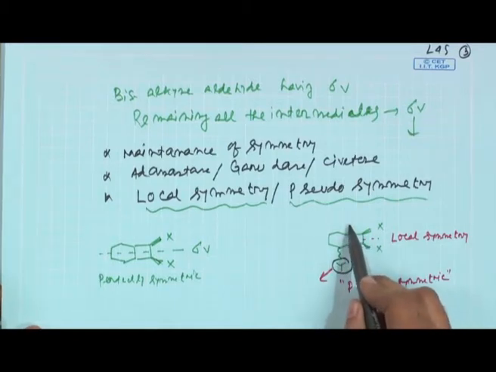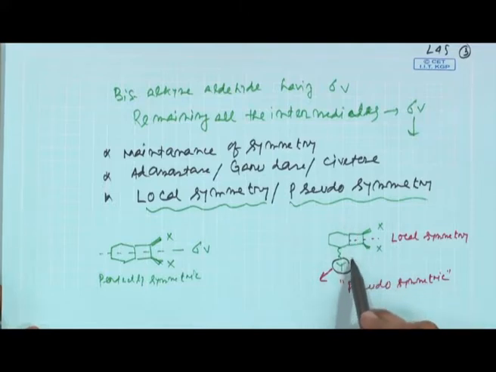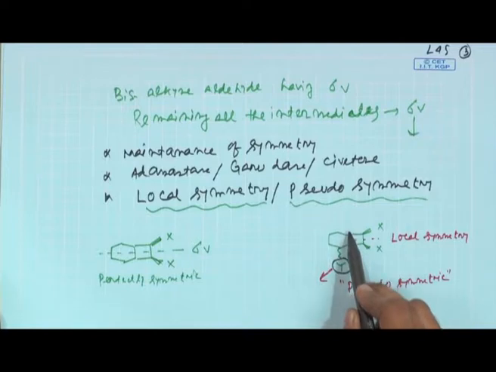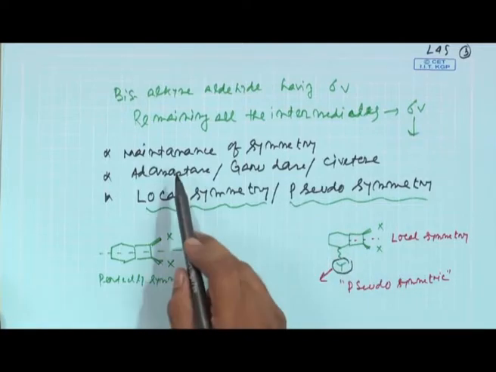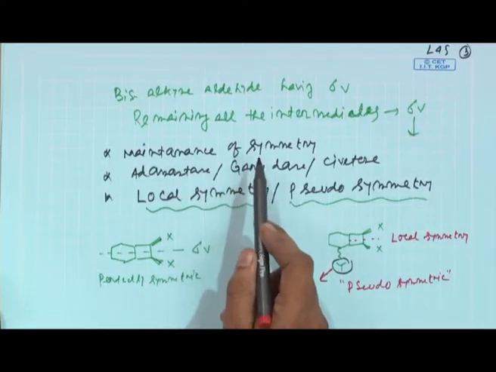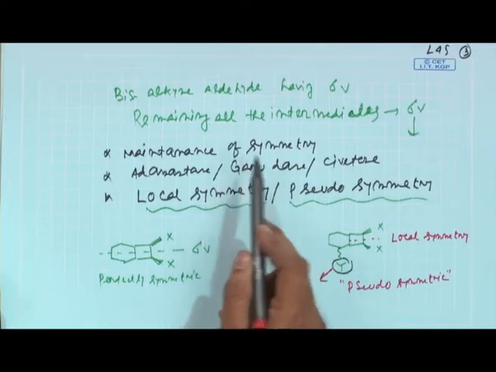Local symmetry means this part is perfectly symmetrical. Then our criteria of a perfectly symmetrical molecule, where maintenance of symmetry is strictly advisable, applies. Now we will talk about some examples, and you will find how local symmetry and pseudo symmetry take a lead role.